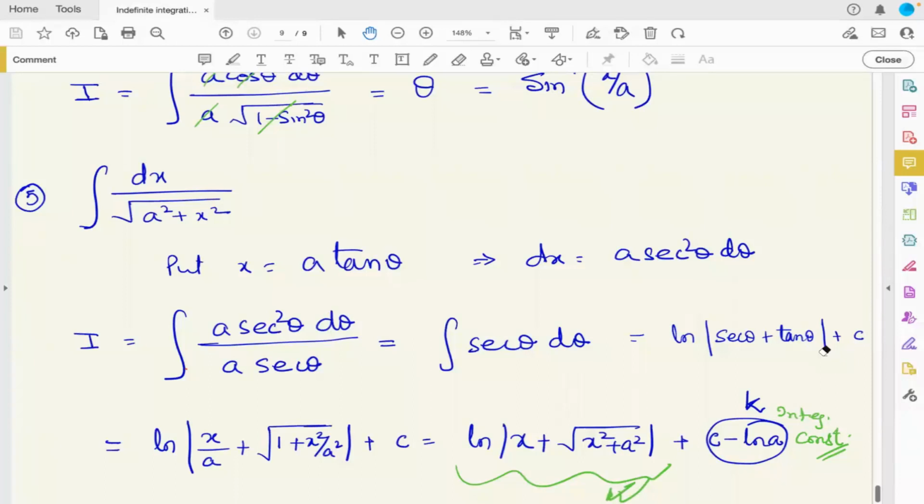In tomorrow's class we solve the first problem related to algebraic integrand, complex algebraic integrand, and then we move to the third technique, which is partial fraction. Thank you.